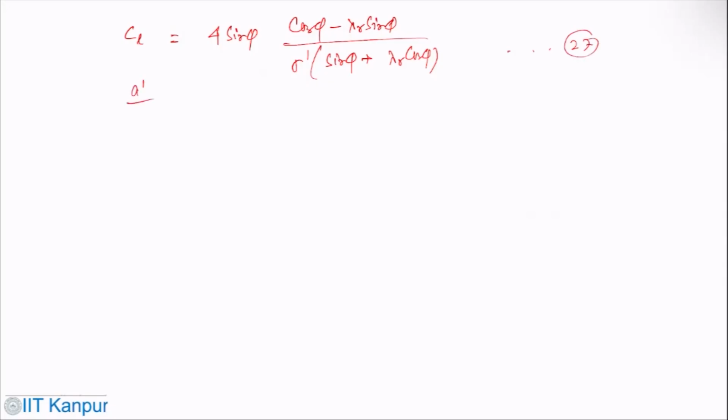And you get a prime by (1 plus a prime) equals sigma prime CL by 4 cos phi.